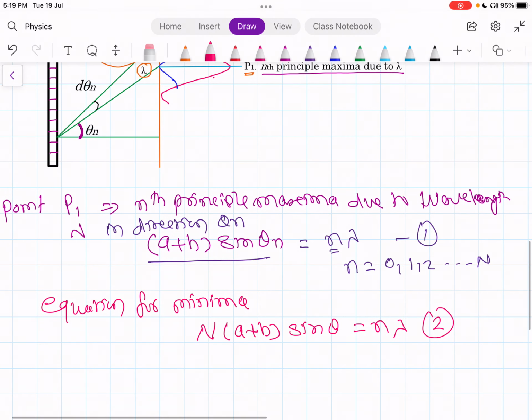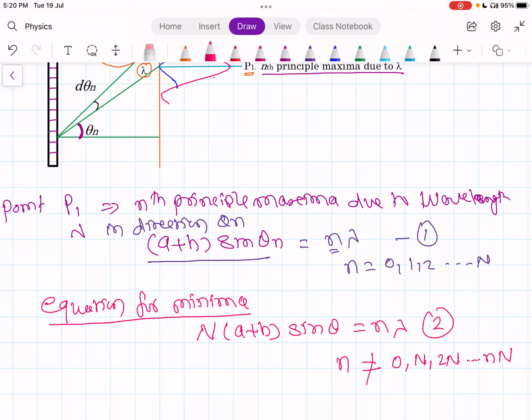This is the equation for minima. In this case, this n cannot have values such as 0, N, 2N up to nN, because if n has these values, then we get the principal maxima. We are writing the equation for minima, which is n times A plus B sine theta equals n lambda.